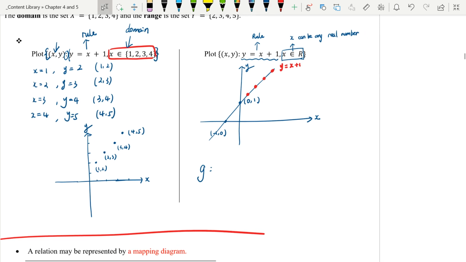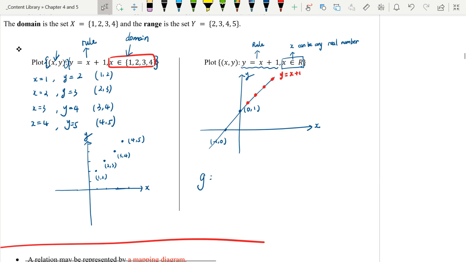Okay, give me one letter. R. Okay. The domain is R. X belongs to R, so the domain is R. And then there's a fixed notation, R mapping to R, comma. The name of the function is g, so it's g of x equals x plus 1.